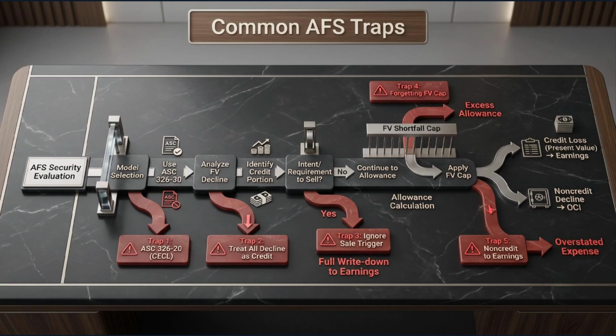Third, do not ignore the intent to sell gate because it can bypass the allowance and OCI split entirely. Fourth, do not forget the fair value shortfall cap. Fifth, do not send the non-credit portion to earnings. The market price can be a noisy neighbor, but only credit deterioration belongs in credit loss expense.